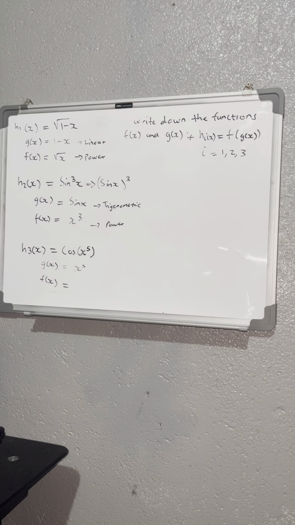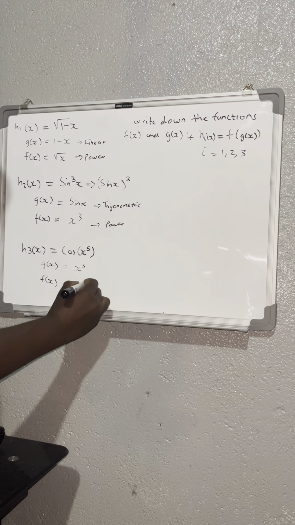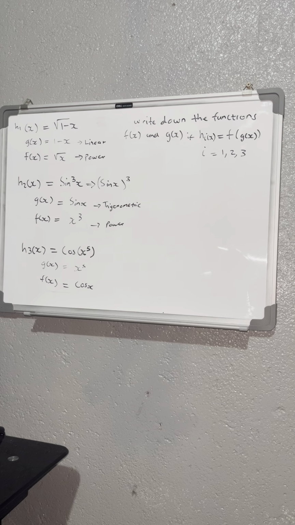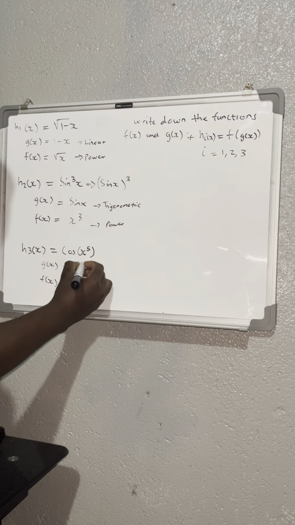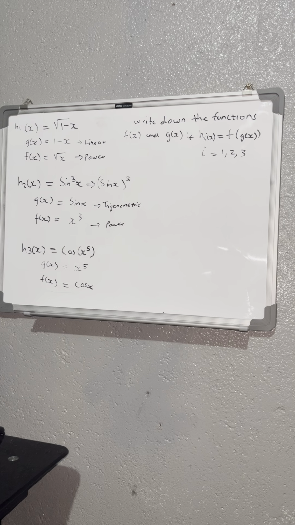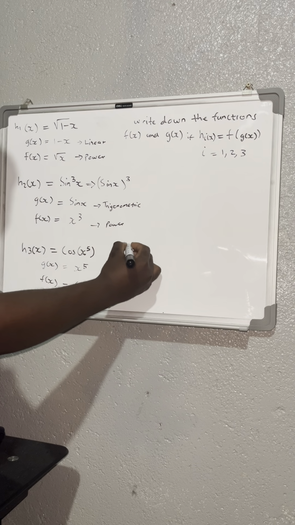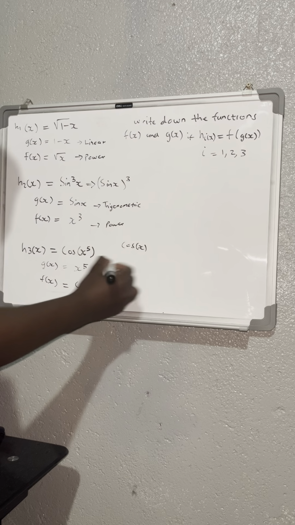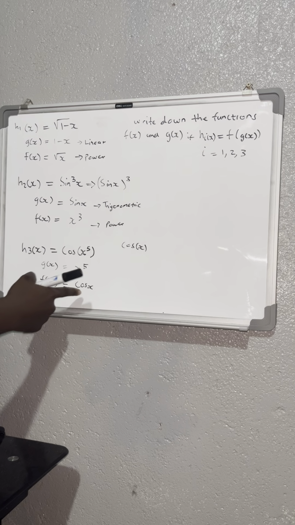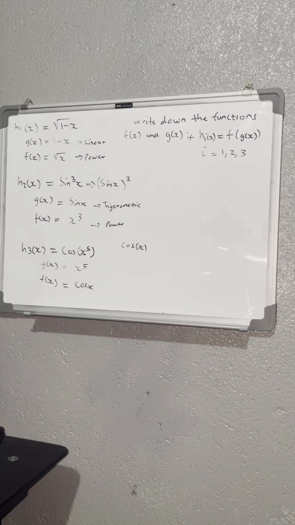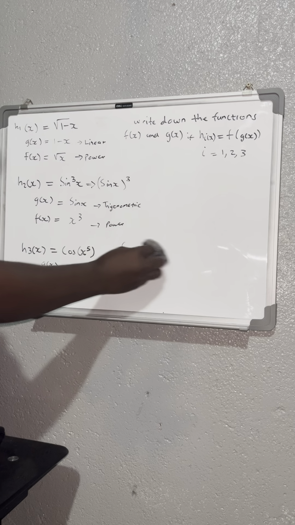Then the one that is outside, it's going to be what? It's just going to be your cos of x, because remember I said after you take out your first function, you replace with x. So it meant we had cos of x because we had taken this one. And so when we come to the second one, we just write cos of x.